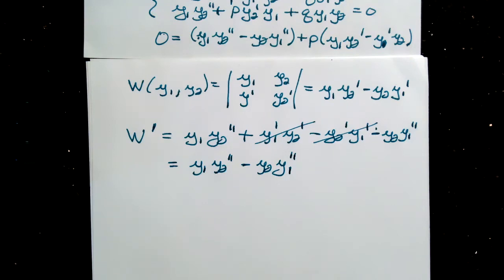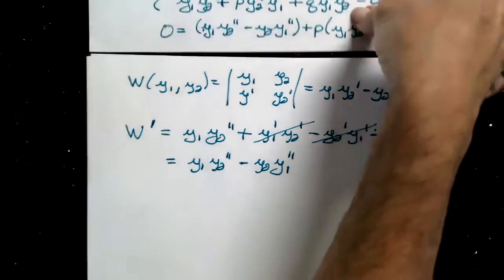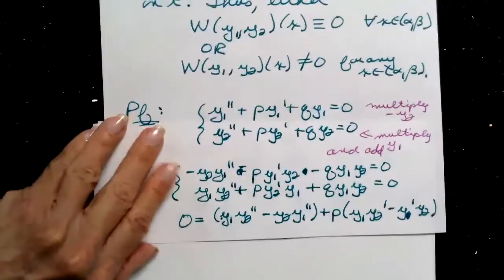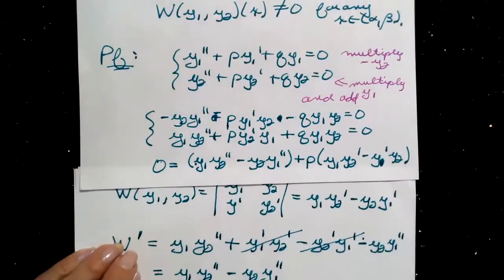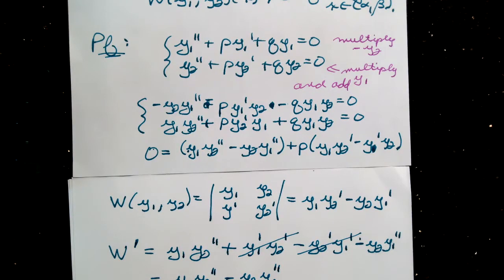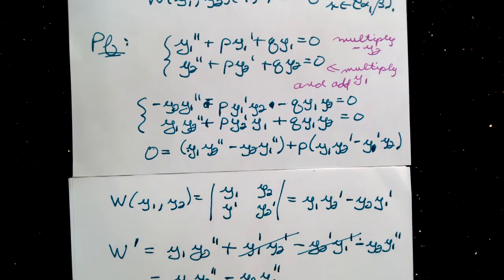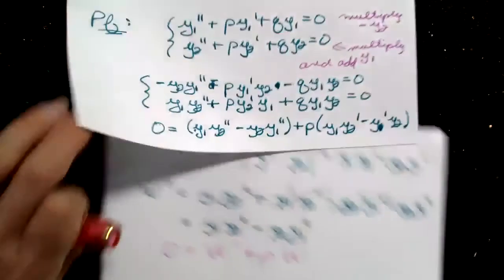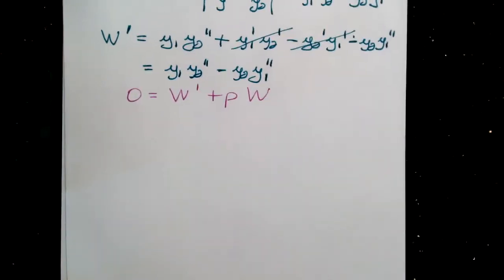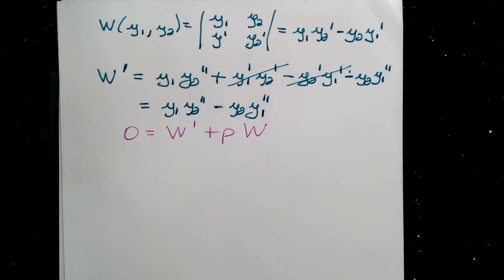Okay, and so now when we look back at this equation that we had at the bottom of the last sheet, we see that this equation here is really 0 is equal to W prime, plus p times, this term is W. Okay, so we have W prime plus p times W, just using our substitution, exactly what we calculated before.